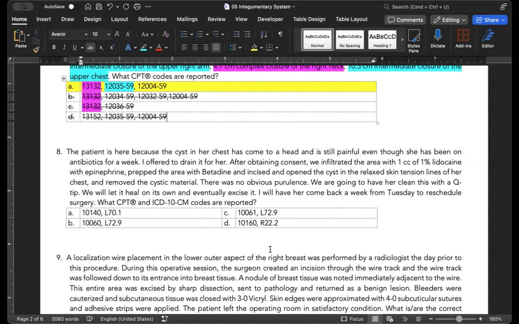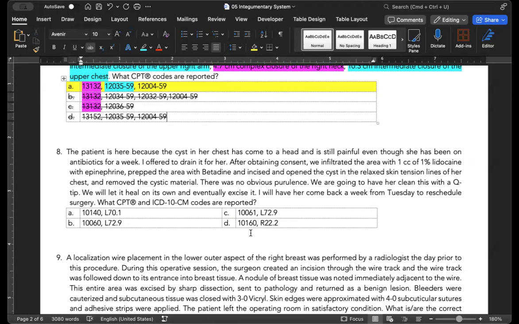This one is asking for both ICD-10 and CPT. Let's look at it from a CPT standpoint, because there's not really any good way to do a process of elimination with this. If you go to the alphabetic index, you can do incision and drainage. Let's do this one from scratch.